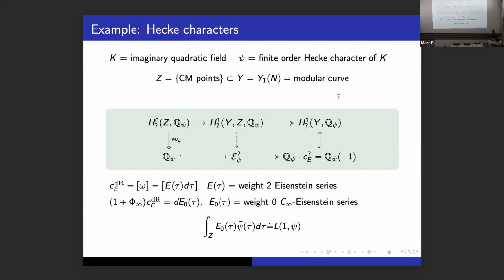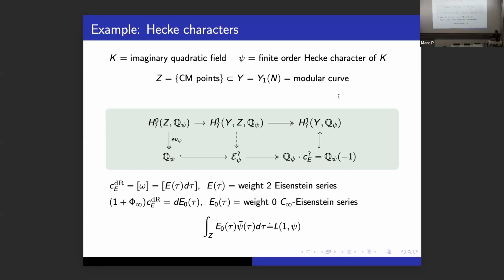And the interesting thing is, because I can be very explicit with the Eisenstein series, I can do exactly what we did before. In the case of complex conjugation, if I replace my Eisenstein series with 1 plus phi of infinity acting on the Eisenstein series, it's the derivative of a weight 0 Eisenstein series, a smooth C infinity function.